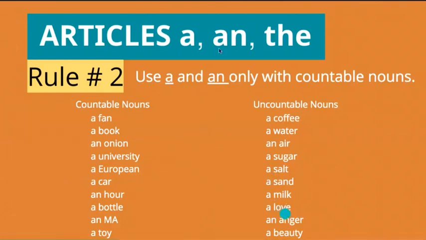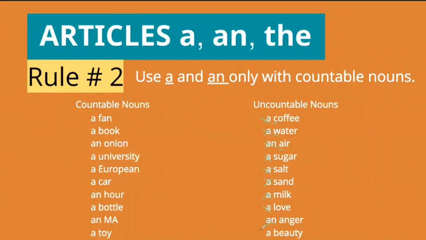All right, so definitely what we are seeing here is actually wrong. A coffee, a water, you would say these are consonant sound. Yes, that's correct. This is a vowel sound. Yes, that's correct. But in the second rule that we have, if it is uncountable, we don't use a and an.